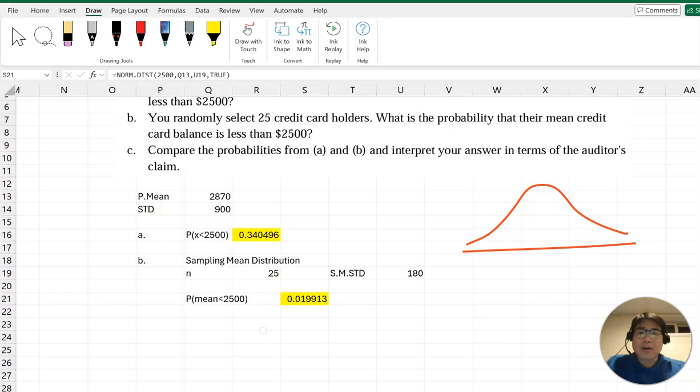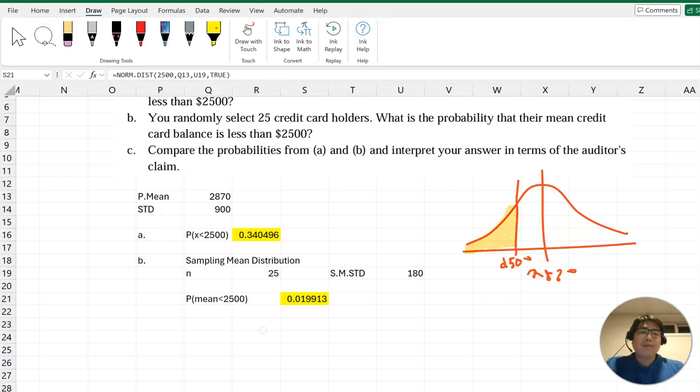Based on the mean value 2870, 2500 may be around here, so our cumulative area becomes around here.